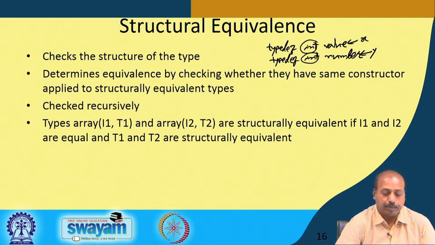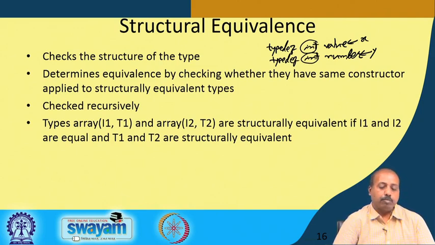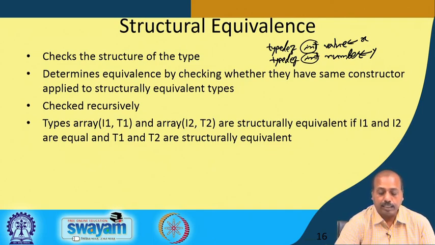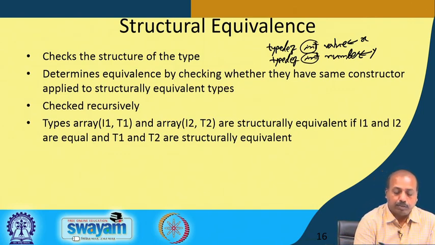If I have an array type whose size is I1 and the type of individual elements is T1, and another array whose size is I2 and type is T2, they will be said to be structurally equivalent if I1 and I2 are equal and T1 and T2 are structurally equivalent.